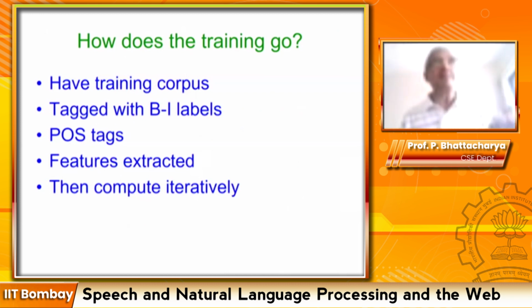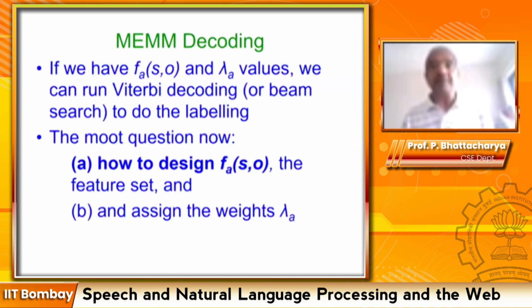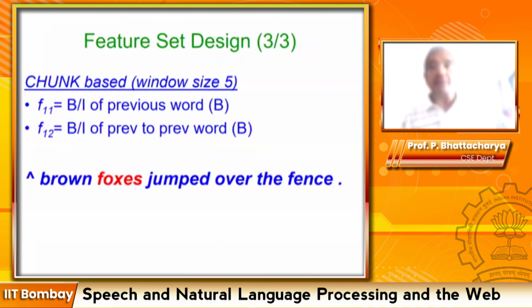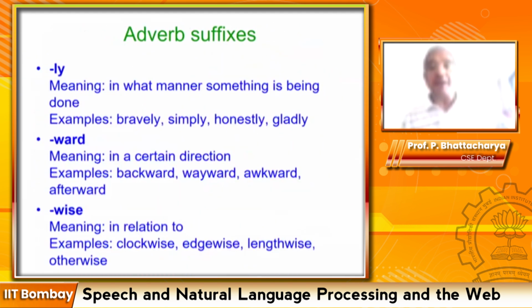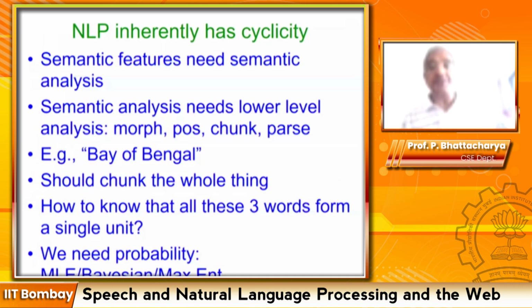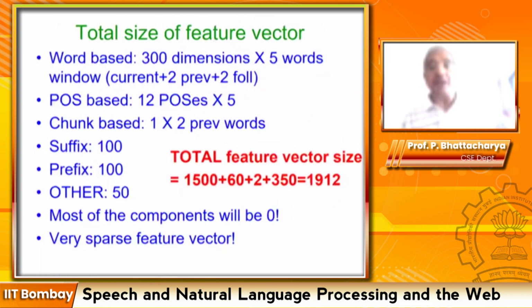But this is parametric estimation. You get the lambda values from the training corpus. Now I change gear completely and take you to a non-parametric situation, which consists of a neural network.